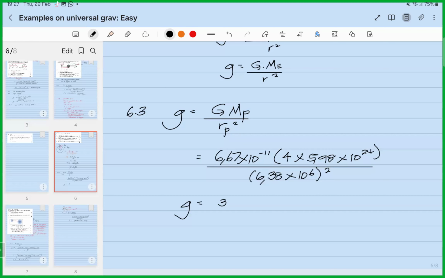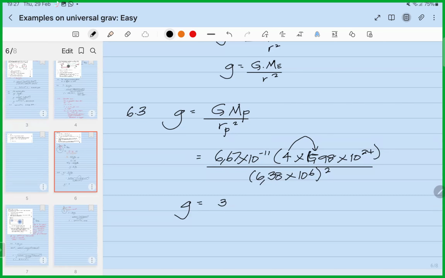So, is that a 5 next to the 4 times 5? Did you intend to put the 5 there? What do you mean, intend to put the 5? This is 4 times the mass of the Earth.